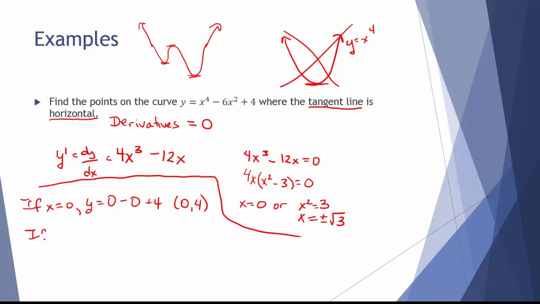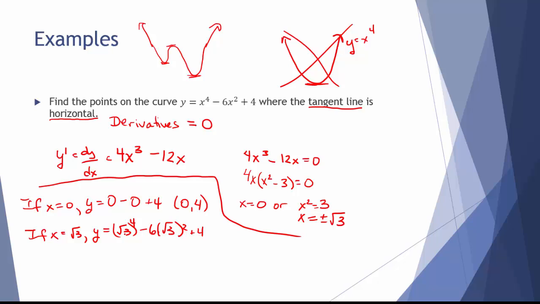So we get 0, 4 as one of our ordered pairs. If we plug in the positive square root of 3, then y is equal to the square root of 3 raised to the 4th power minus 6 times the square root of 3 squared, and then plus 4. So the square root of 3 raised to the 4th power, think of that as the square root of 3 squared times itself twice.